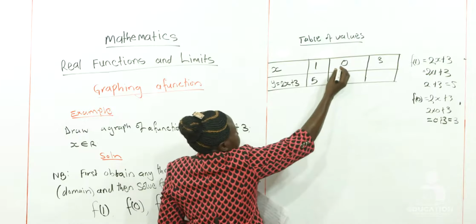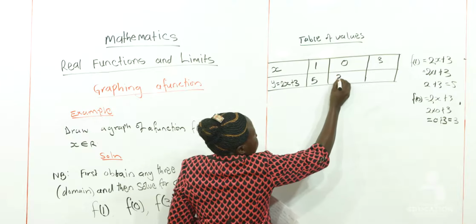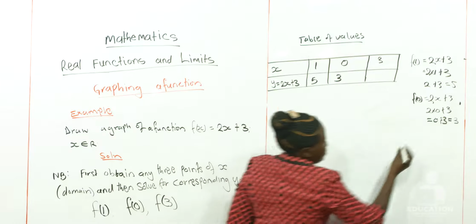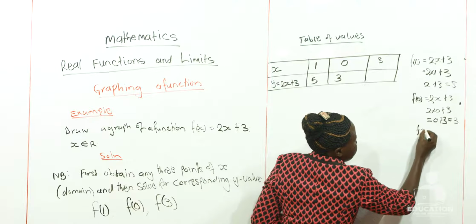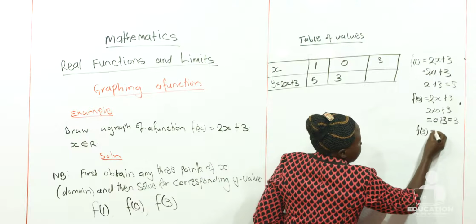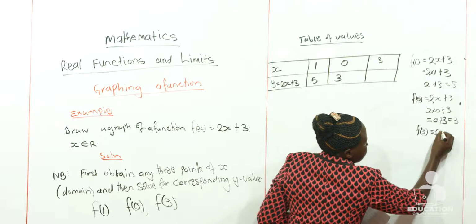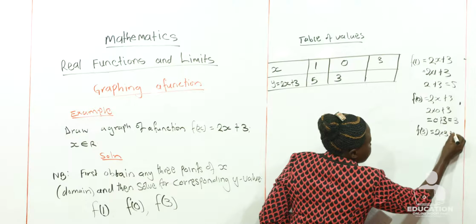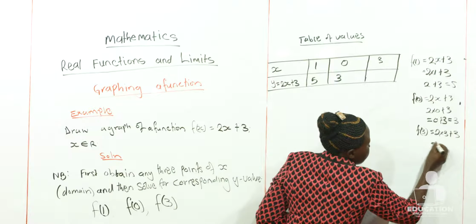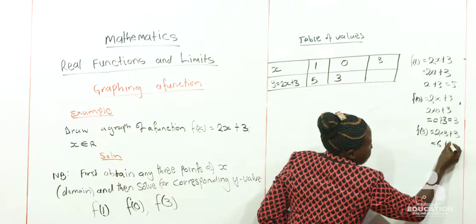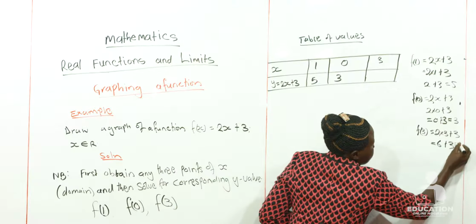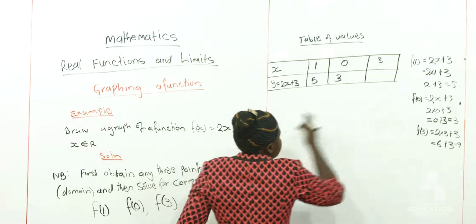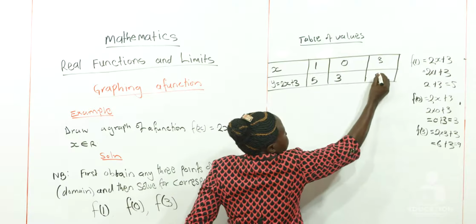So when x is 0, y is 3. And then you move and say, if x is 3, then y will be 2 times 3 plus 3, which will be 6 plus 3 equals 9. So this will now be 9.